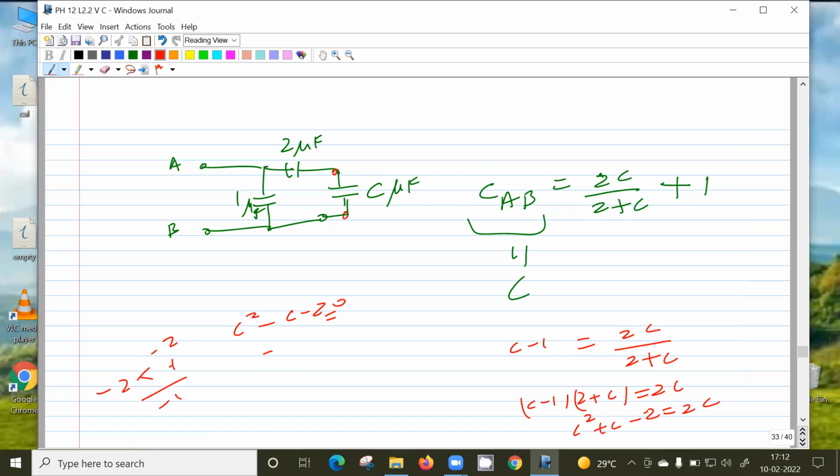So minus 2 plus 1. So this is C minus 2 times C plus 1. C equal to 2 also. So C equal to 2, comma, minus 1.